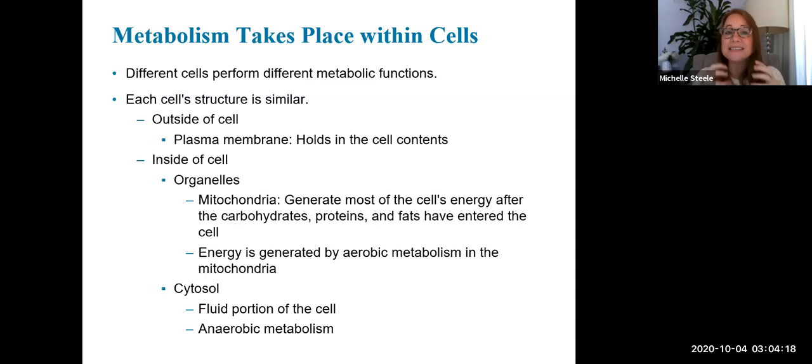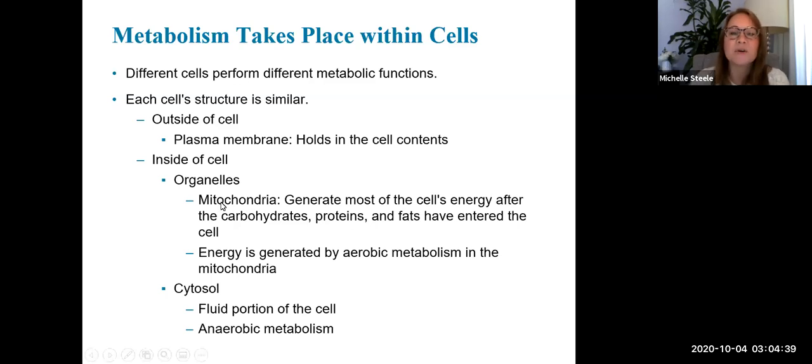So these cells have a plasma membrane, and if we were to cut open the plasma membrane and look within the interior of the cell, we'll see that there are several organelles, basically specialized internal structures within the cell.